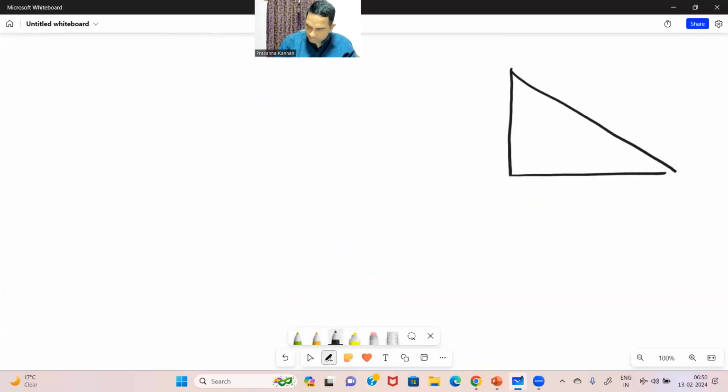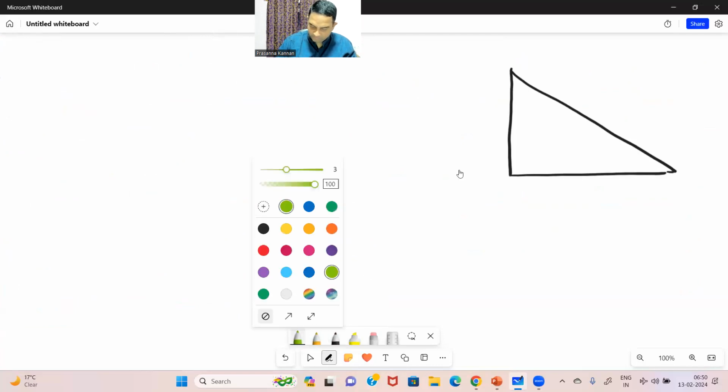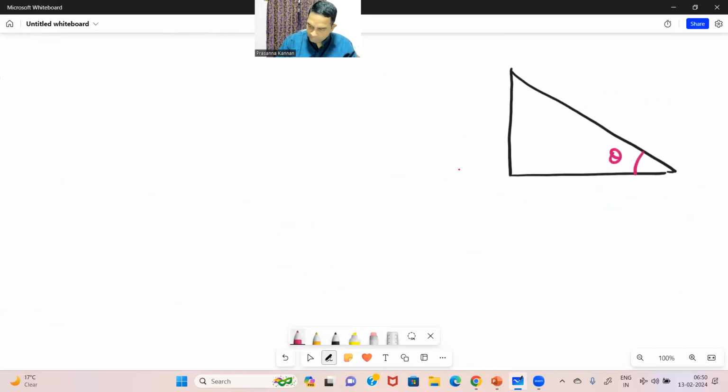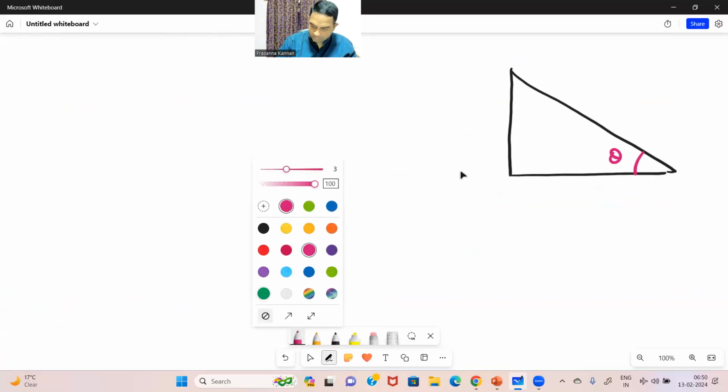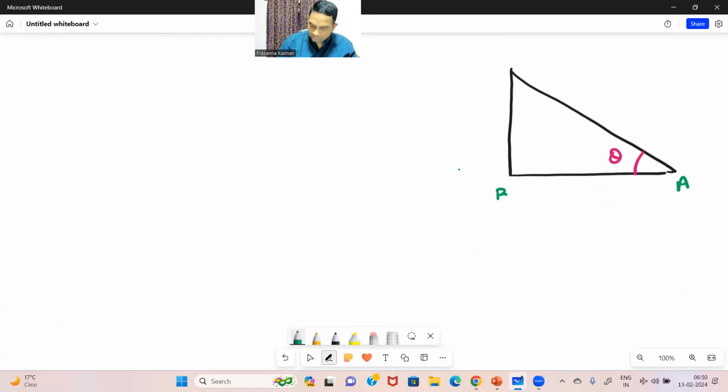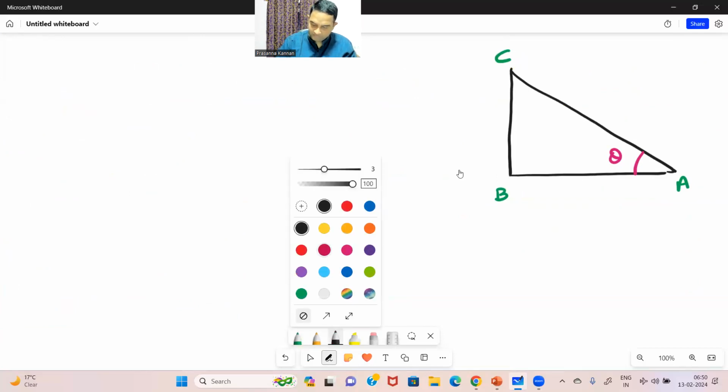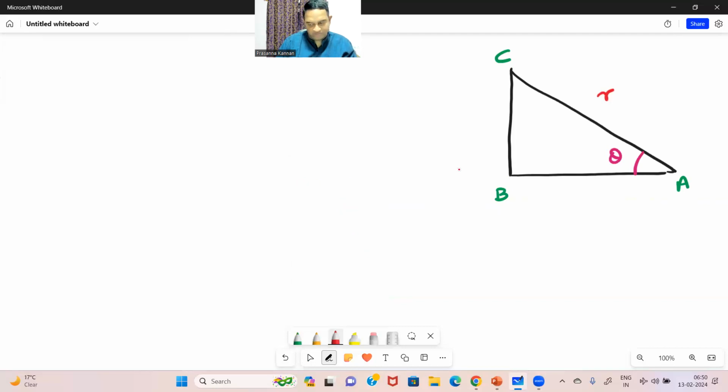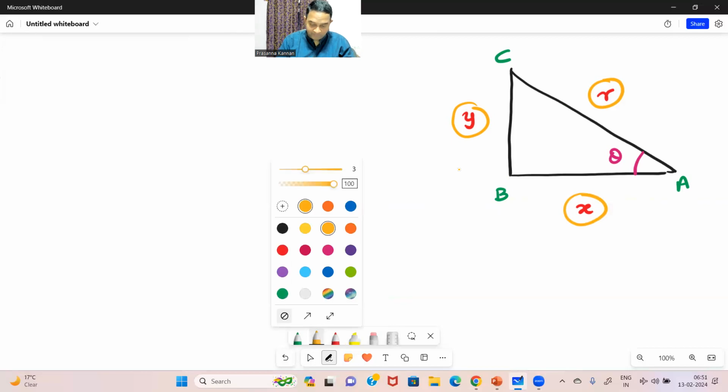Let me once again write it. I'm calling the distance hypotenuse as r, the adjacent or the base as x, and the opposite or the perpendicular as y. Now, do you know Pythagoras theorem?